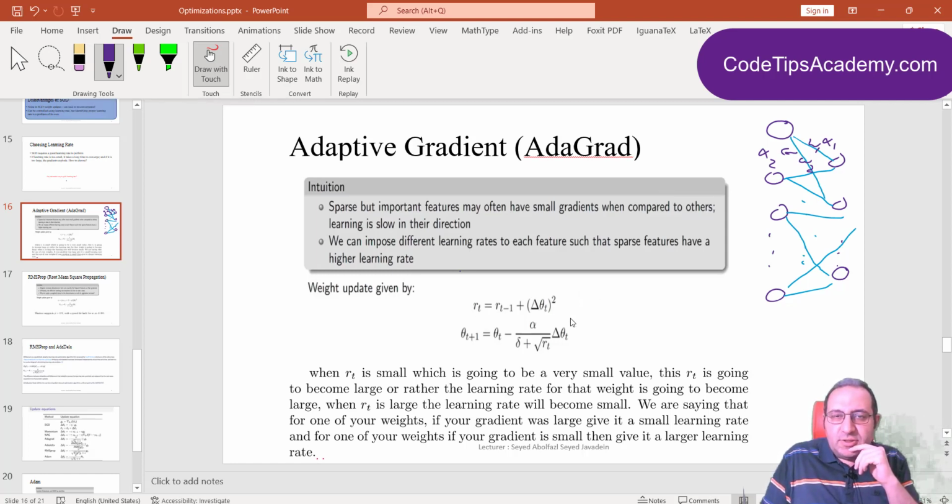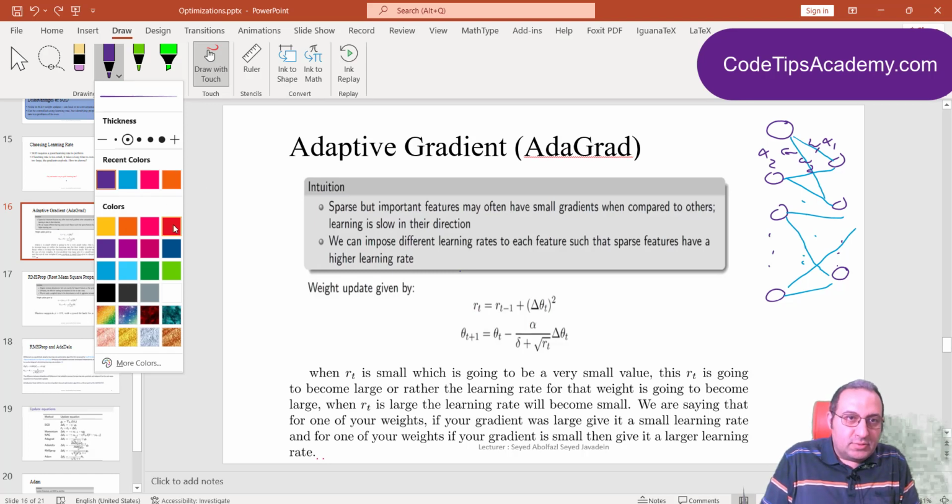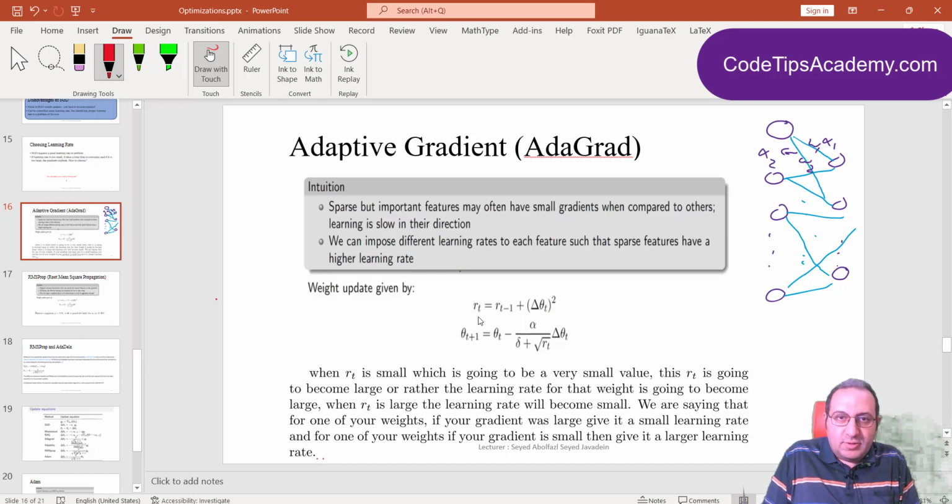The math behind this idea is very simple. We create something we call RT here. RT is the sum of the squares of the gradients, the changes of the weights in previous steps.